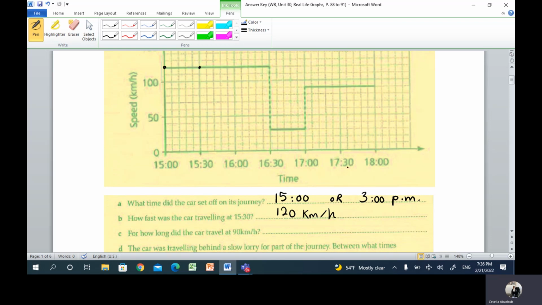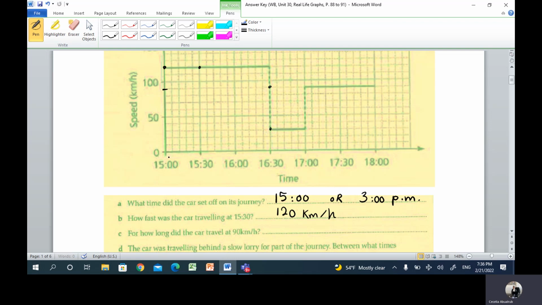For how long did the car travel at 90 kilometers? So if this is 100, this is the 90. As you can see, once again, this is the 90. Okay, so 50, 60, 70, 80, 90. So if we go over there to here, for how long did the car travel?